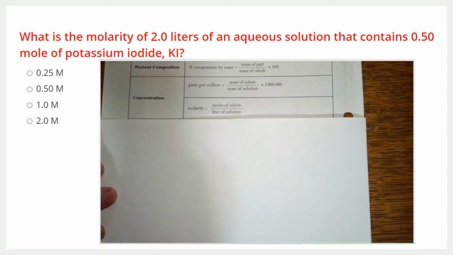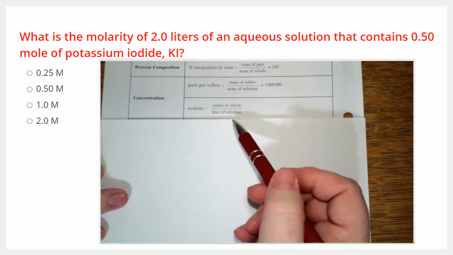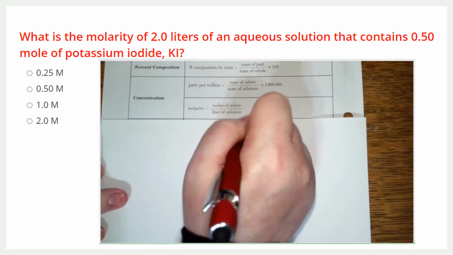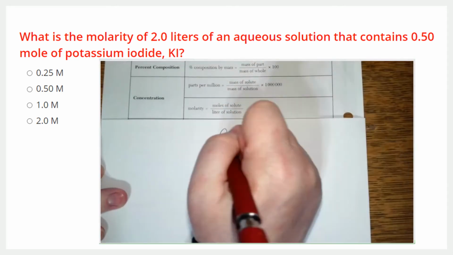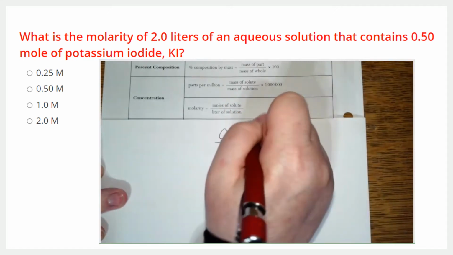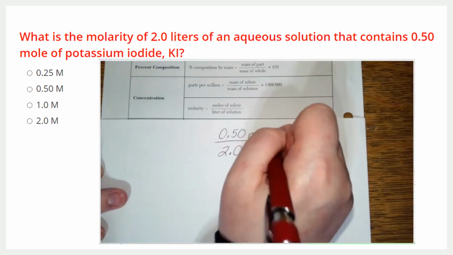2 liters, so I have moles on the top, liters on the bottom. So moles 0.50. This is about as straightforward as it gets, divided by 2.0 liters. So this is moles divided by liters.